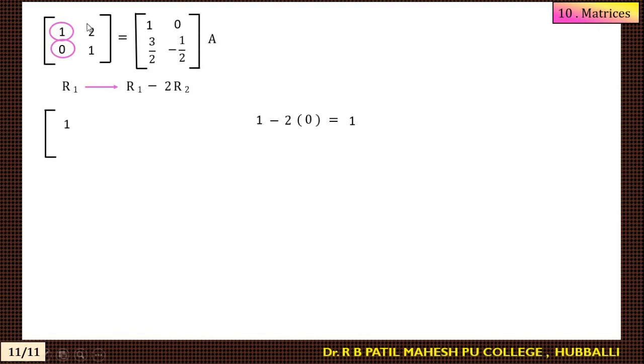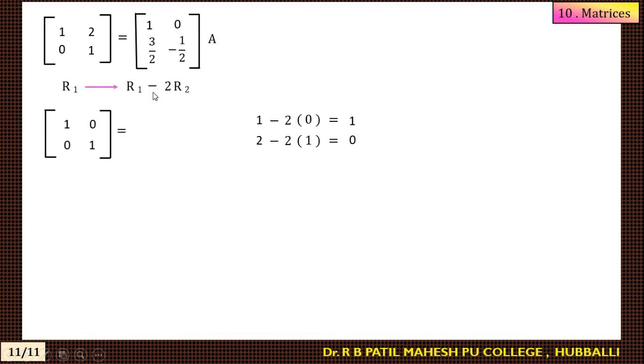Now we have a second element 2 minus 2. Next R2 element substitute, it is a 1. So this becomes value 0. So R1 changed now. Now second row we have to write as it is, that is a 0 1. So here you can see that very easily we got identity. The matrix A is converted into identity.